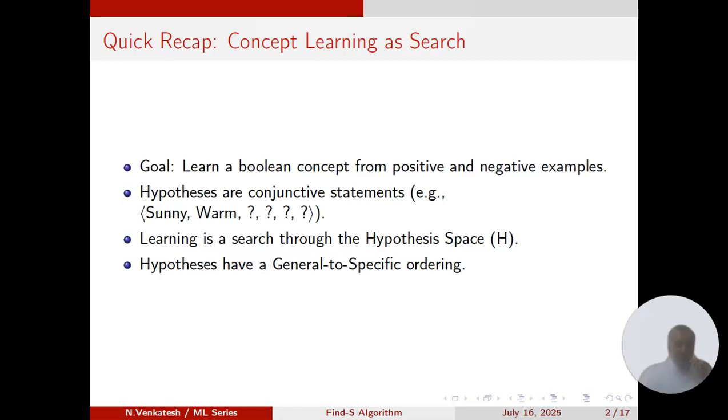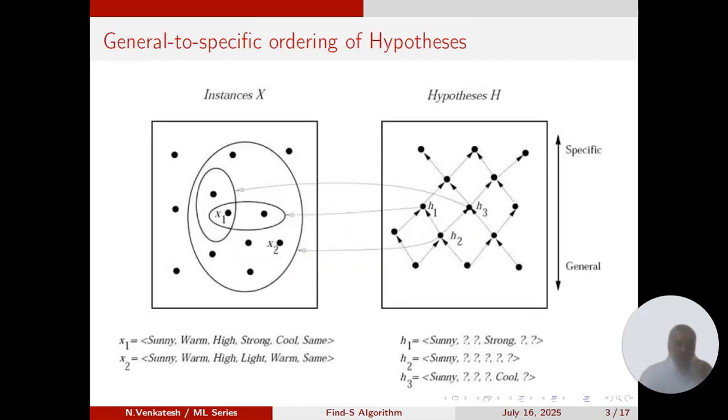Okay, so let us try to understand this with an example. On the left side we have the example space. Let us consider an example x1. Here x1 is saying that the sky condition is sunny, the air temperature is warm, humidity is high, wind speed is strong, water condition is cool, and forecast is same.